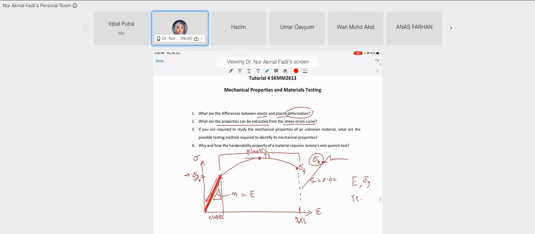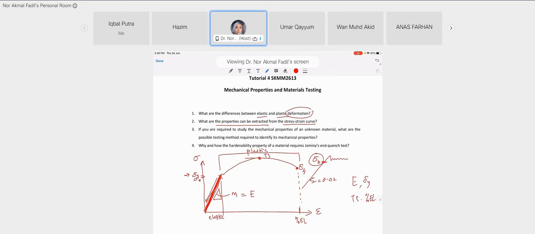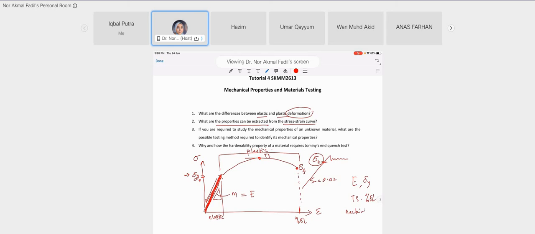What else can we get? Necking region. But necking is not a mechanical property. We know the necking will occur during the plastic deformation, right? But what else are the properties?